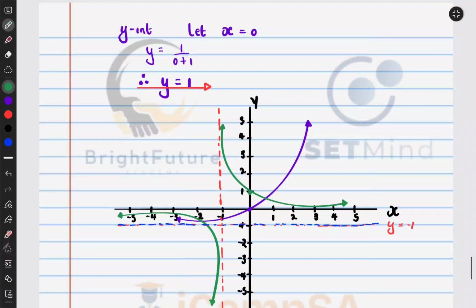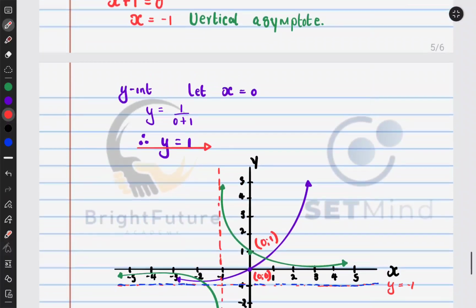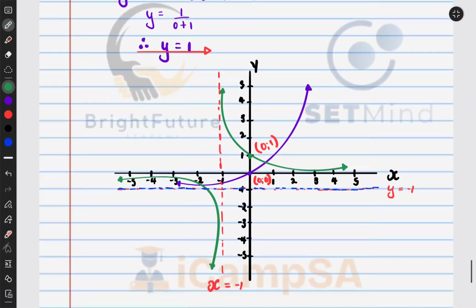So we can label our function. We have a y-intercept there at (0, 1). We have (0, 0) there at the origin. We have labeled the asymptotes.